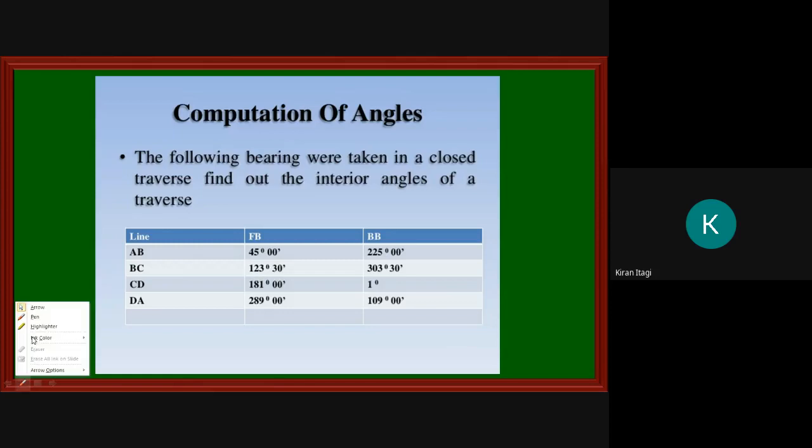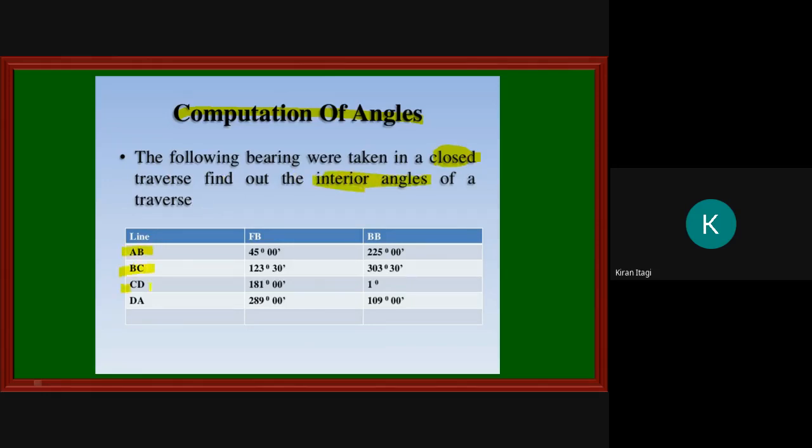See, he is asking to compute the angles, and here he has given the closed traverse. Find out the interior angles.